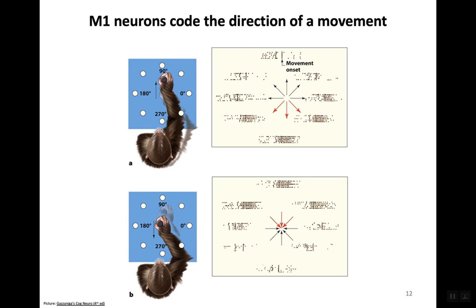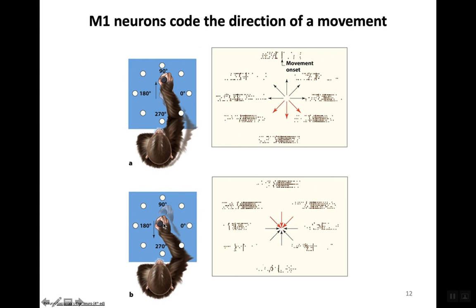So then what happens if we change the experimental instructions a bit, and the monkey now is to move the arm not from the center but rather from a different point, from a peripheral point towards the center of that setting? So let's say that the monkey moves the arm now from this point at 90 degrees towards the center of that setting.